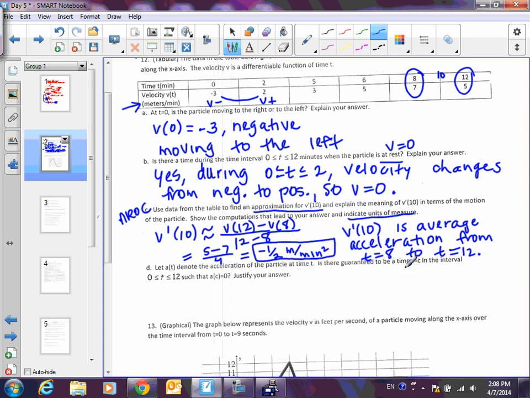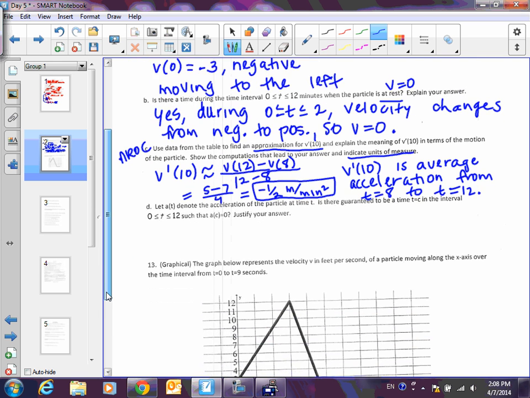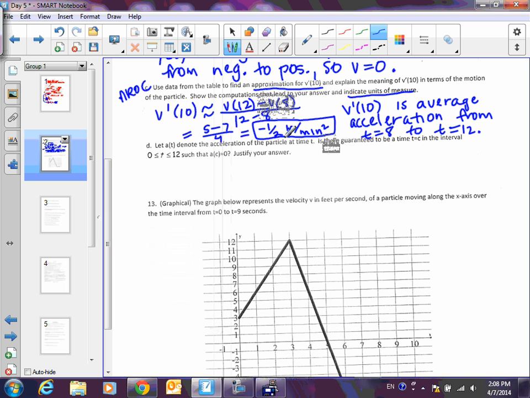And the point allotted for this explanation, they may not give you that point if you don't write from t equals 8 to t equals 12. You know, 1 point, there could be like multiple things that all have to be there to get that 1 point. So that's kind of a picky thing. They really want to see that.